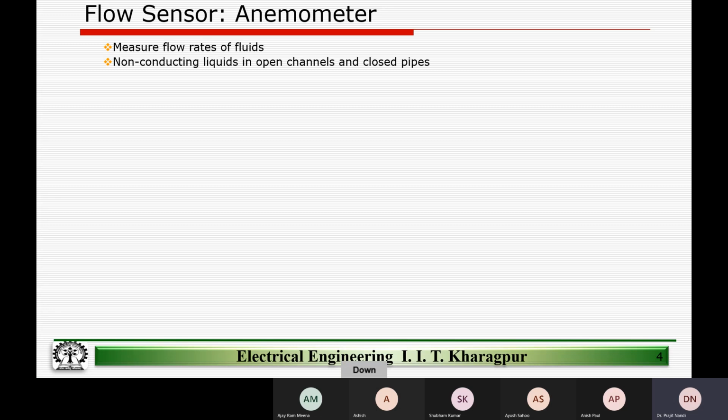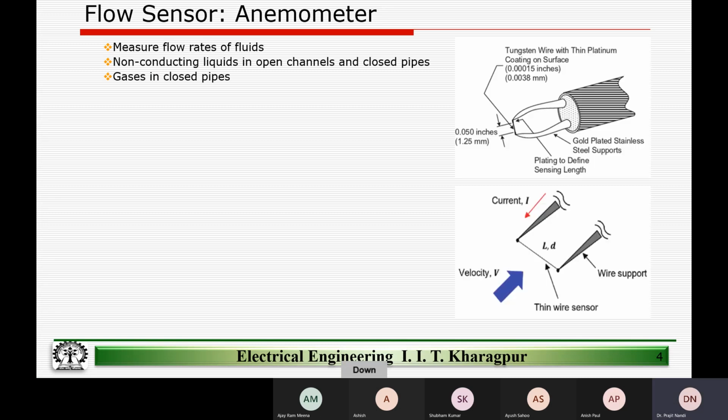So let's start. Yesterday we saw the structure of the sensor, and we also discussed why the wire needs to be normal to the velocity.